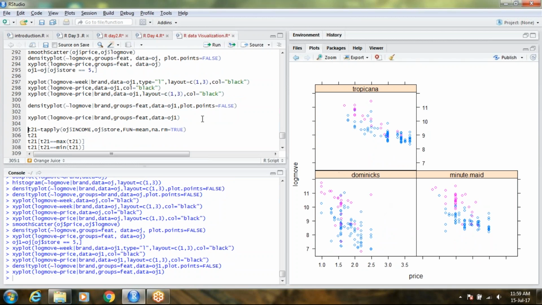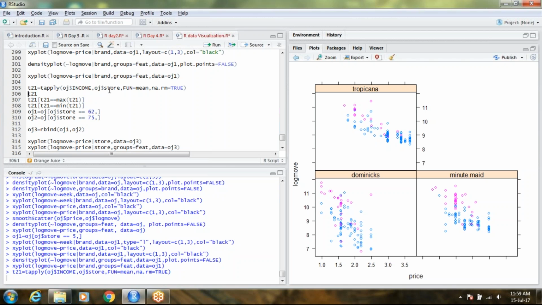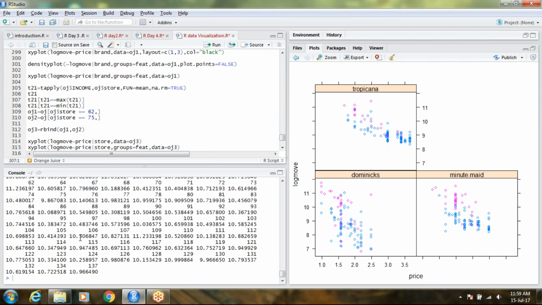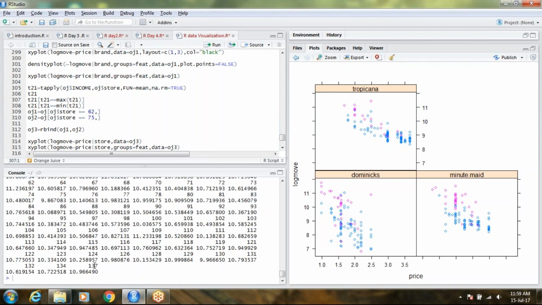Now let's do a few alterations here, and then it will be closure for the day. So let us apply a pivot here and make it on income. I will be aggregating income on the basis of stores. So I have here starting from the second store to the 137th store, aggregated on the basis of the income that they have.